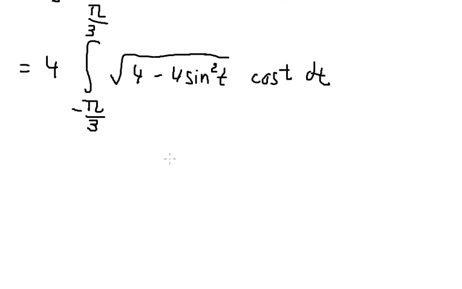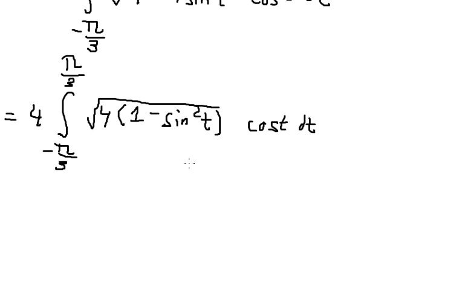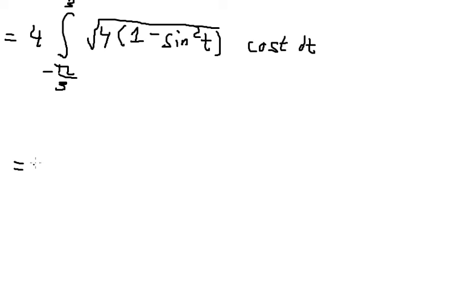So number 4, we can do factorization: 1 minus sine t squared, we change to cosine t squared.